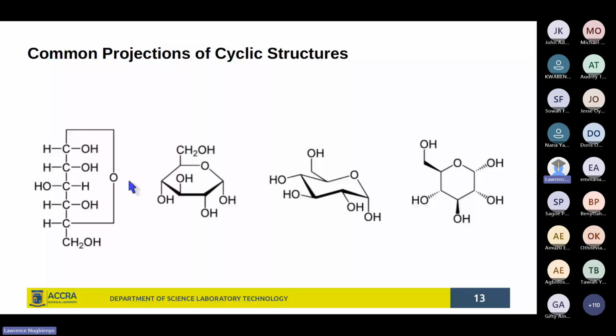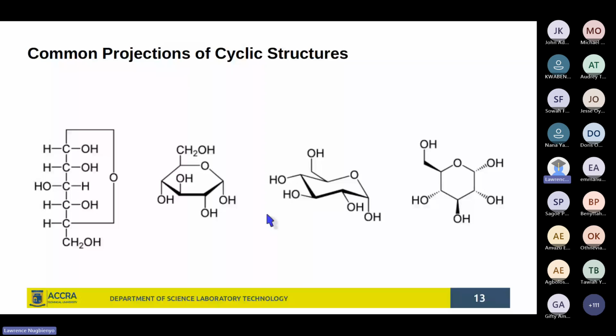But really, this is not what occurs in solution. We have seen what really occurs already. This is just a representation of the cyclization. The real thing which occurs is what we have looked at, which is the Haworth projections.